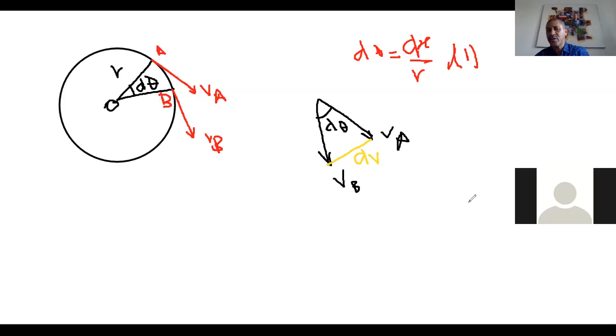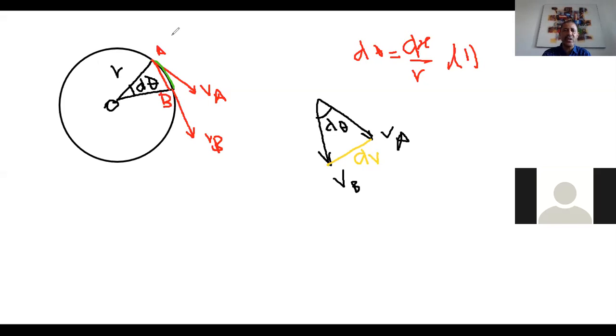That is your dV. But be very careful, because we are going to do something approximately, because the arc is here. And where is your dV? Your dV is this one.